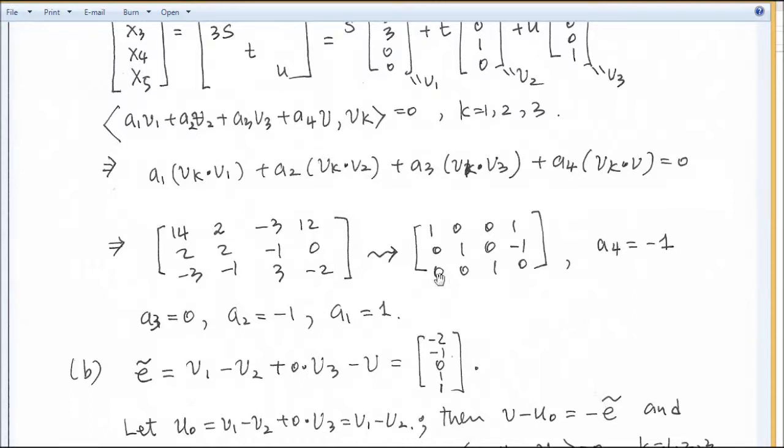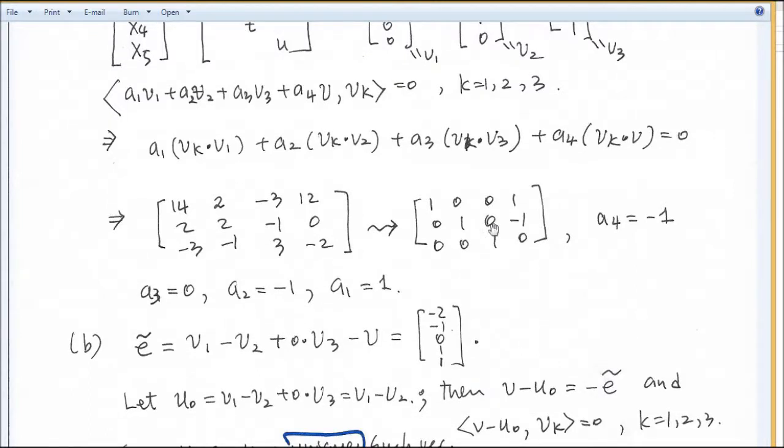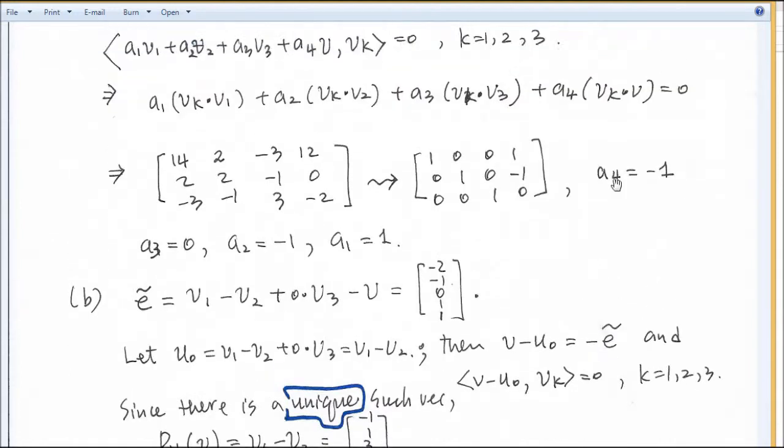So again, this is the equation. So this is a reduction. All I want is to set this A4 equal to -1, right? And then again, it's 3 equations because there are 3 orthogonal conditions, and it's 3 variables originally. I extended to 4. It was easier for me to do it this way. So I set A4 equal to -1, and I solve this equation, and this is what I got.